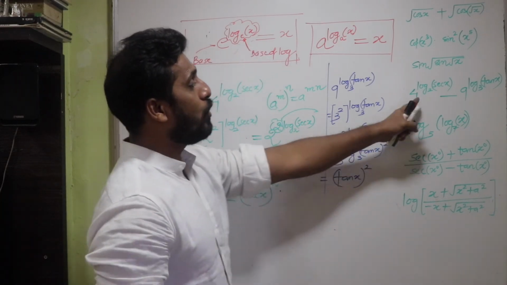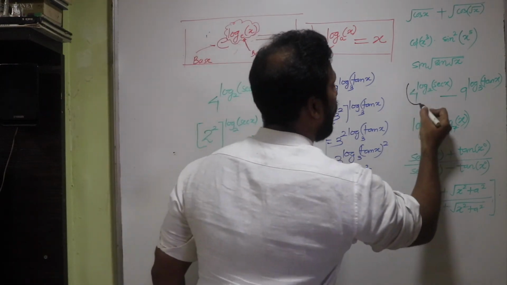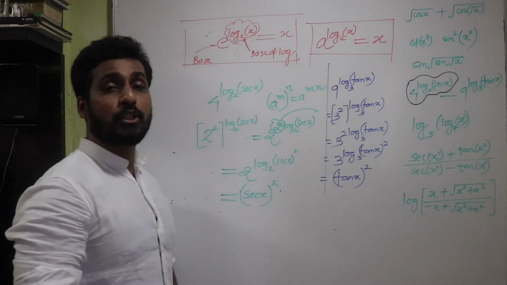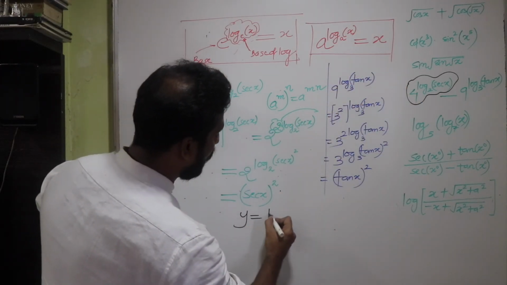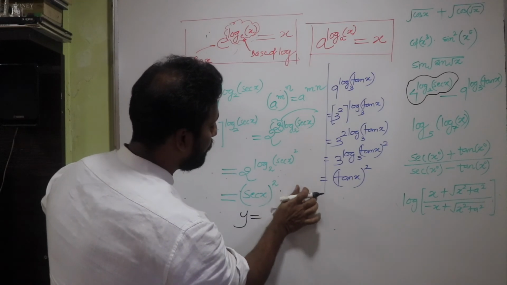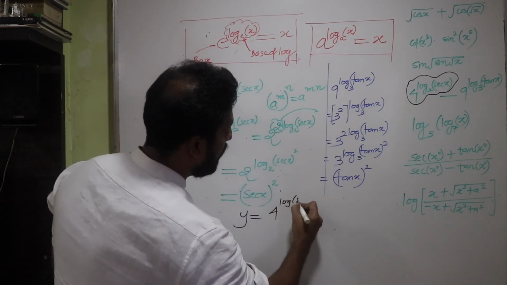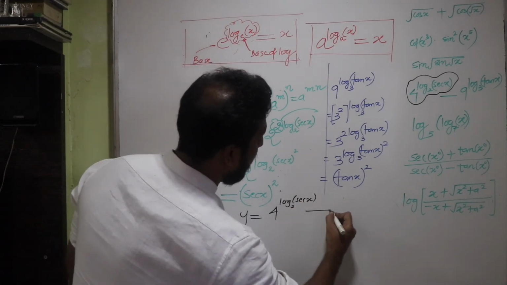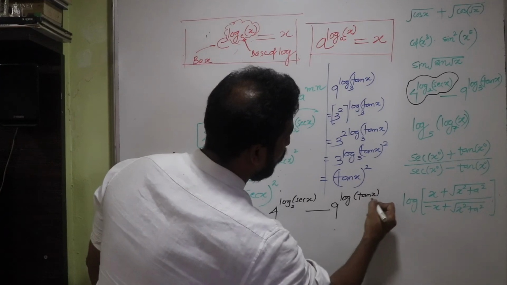So now if you take your question, I'm going to write my question. So y is equal to 4 raised to log of sec x to the base 2 minus 9 raised to log of tan x to the base 3.